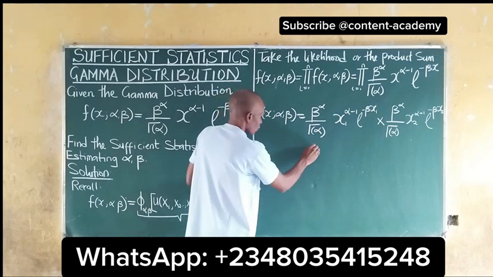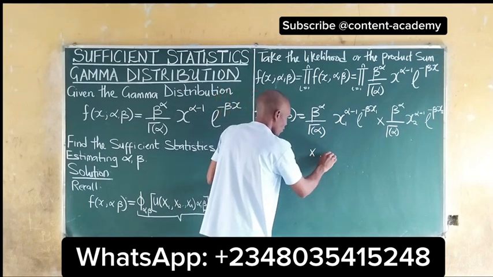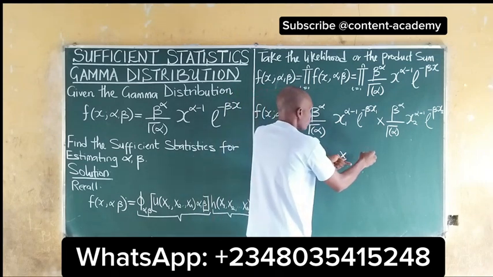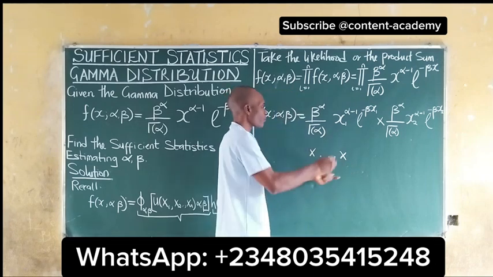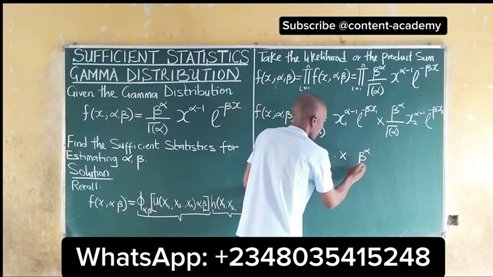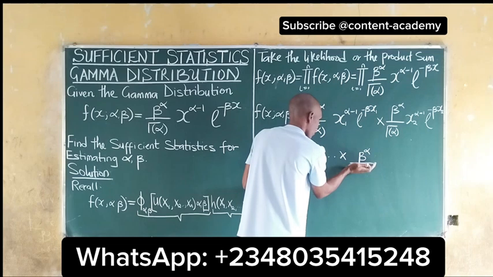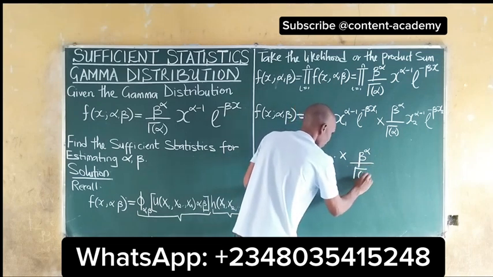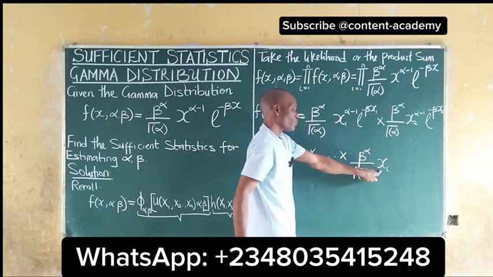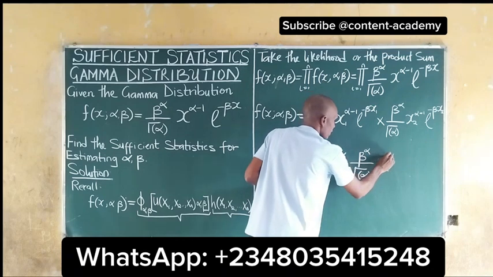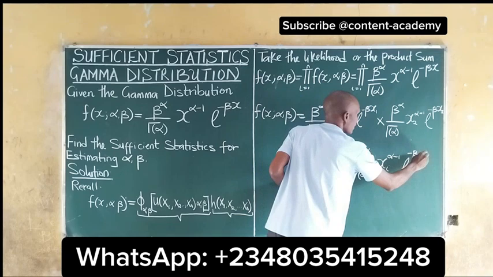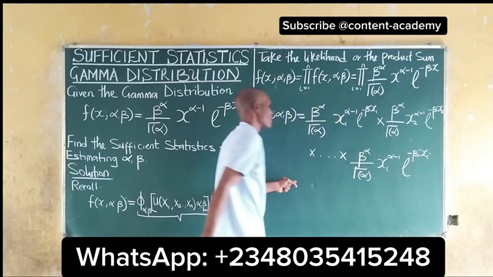It continues that way, multiplication, until the final one. It continues like that because we call it the product. So we have beta alpha all over gamma alpha, xi's, because this will turn to xi's, alpha minus 1, exponential negative beta xi's.